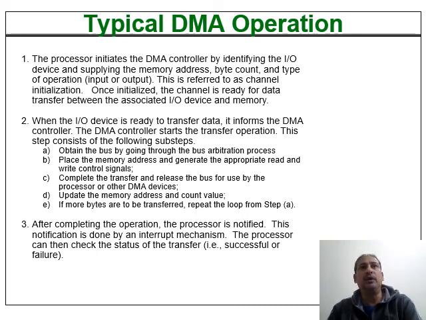Then whenever the IO device is ready to transfer data, it simply informs the DMA controller. Then the DMA controller requests the CPU for the control of the bus. After getting the control of the bus, the DMA performs the input output transfer, and once that transfer is complete, the DMA intimates the CPU regarding the success or the failure of the operation by using an interrupt.